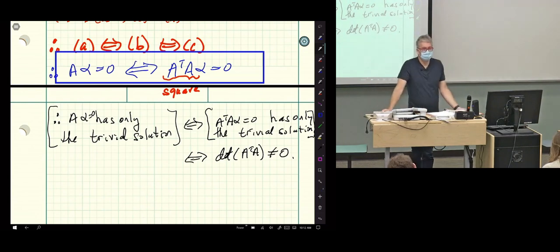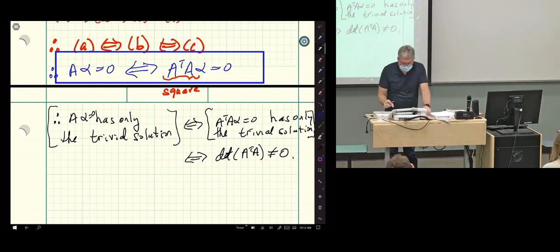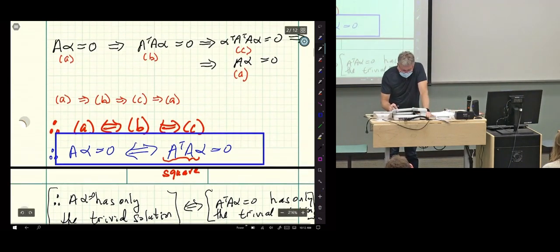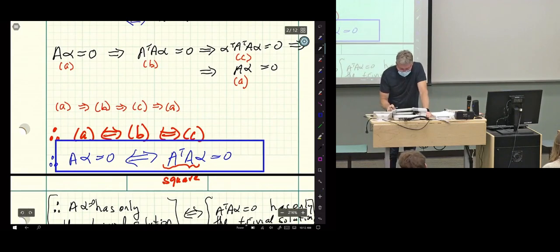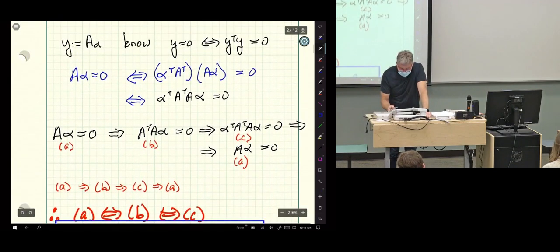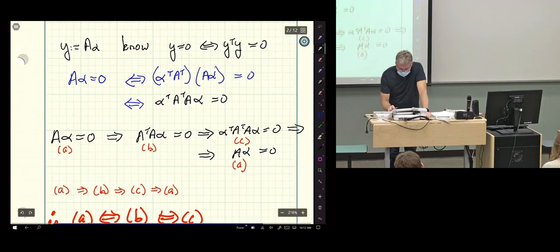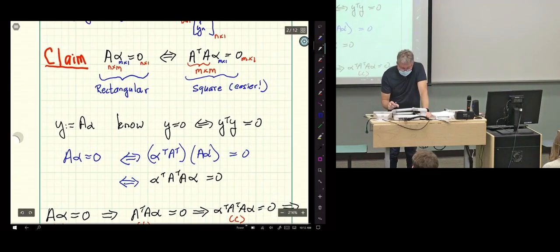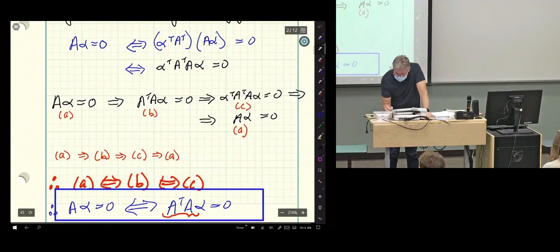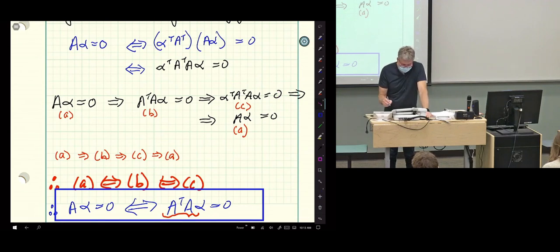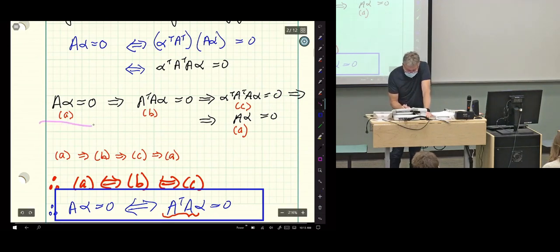Question from the class, please. How did you go from C implies A? Okay, so the question was, how do you get C implies A? Yep, so the question was, how do we get here, C, alpha transpose A alpha equals 0 implies A, which is this, okay?